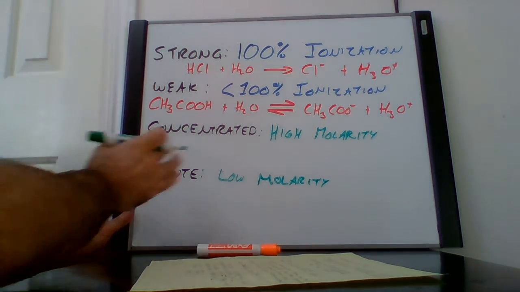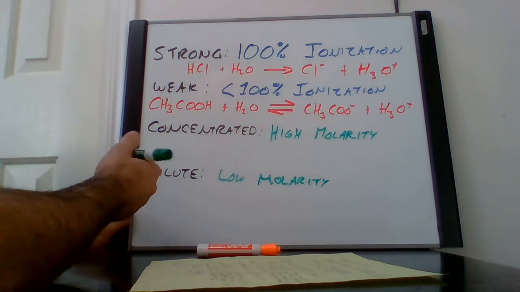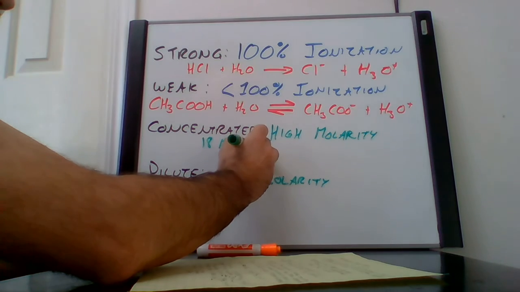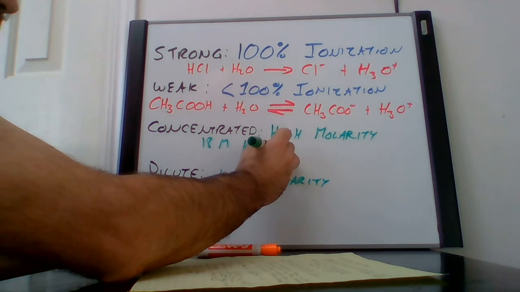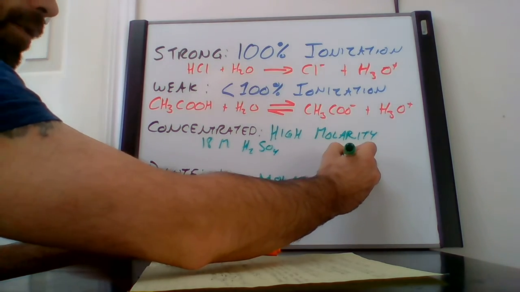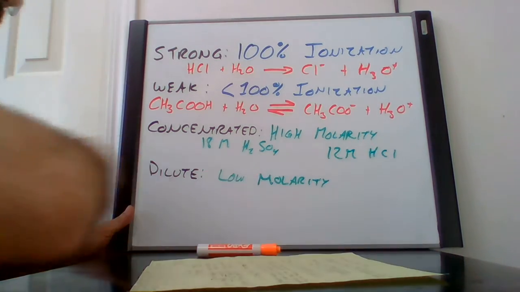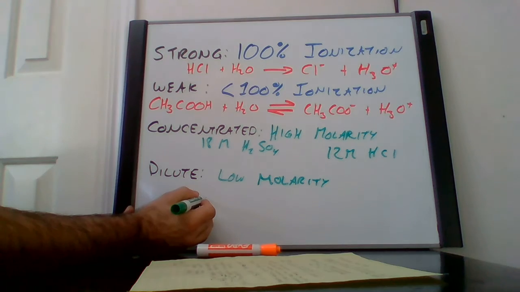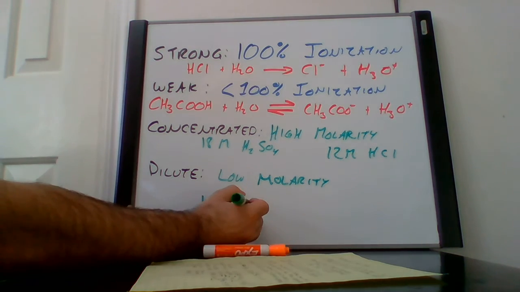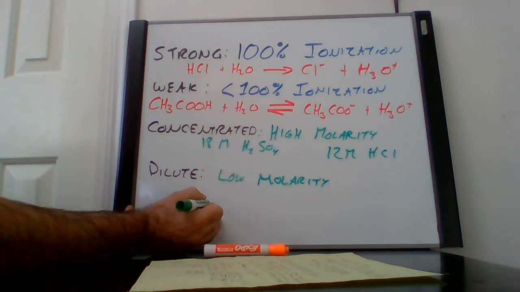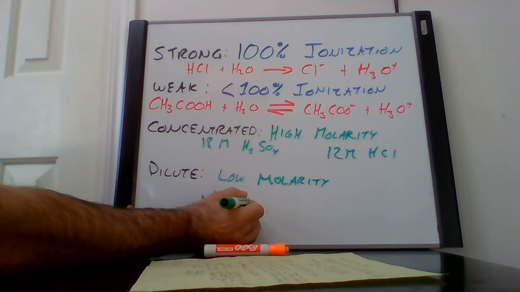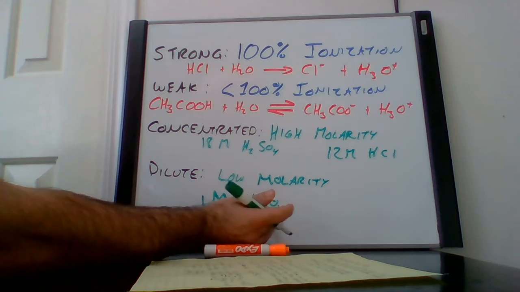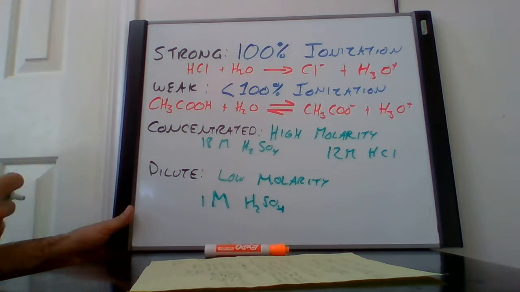So usually for a concentrated one, we could be talking about, say, 18 molar sulfuric acid or a 12 molar hydrochloric acid. Whereas if we're talking dilute, even a 1 molar sulfuric acid is much more dilute than a concentrated one here.